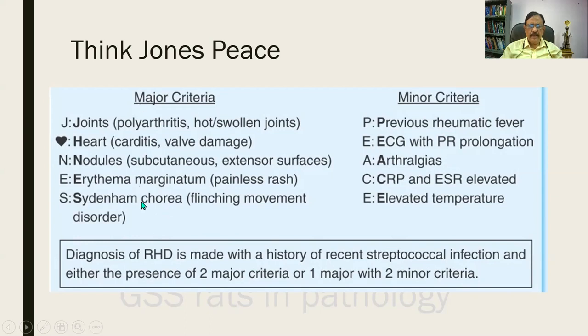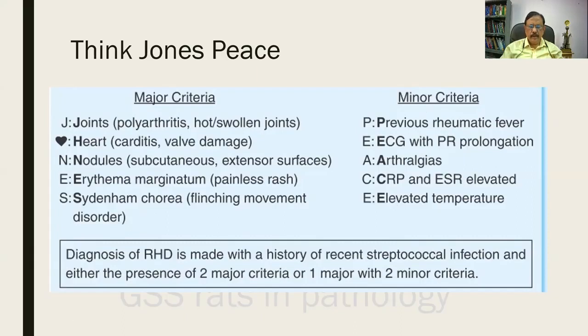These form the major criteria, and the minor criteria will be PEACE. So you have a previous history of rheumatic fever, ECG with a PR prolongation, A for arthralgia, C for C-reactive protein and ESR. And there is an elevated temperature.